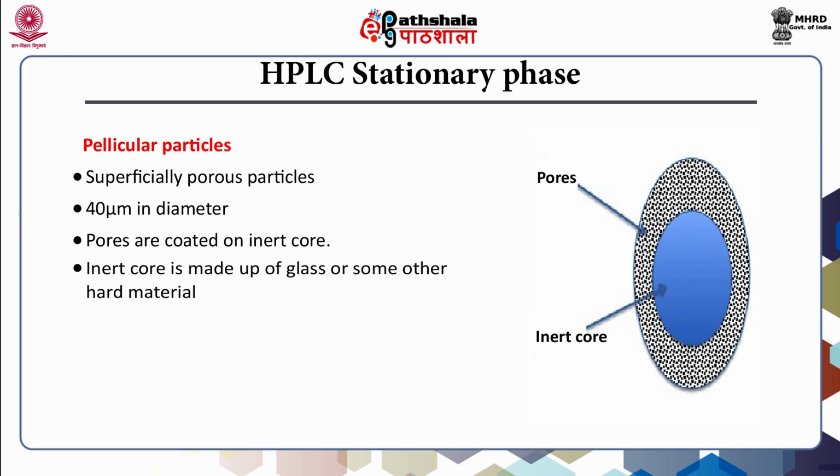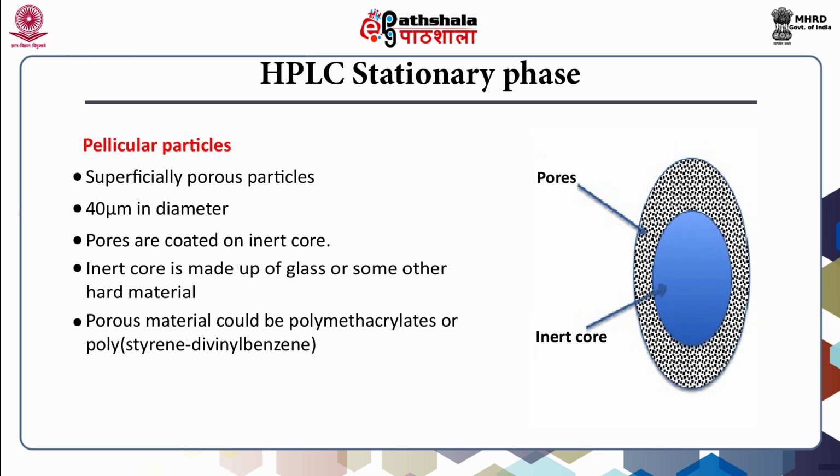The inert core is made up of glass or some other hard material, but the porous material could be made up of polymethacrylates or polystyrene divinyl benzene. So, these are the materials by which the porous material is made, which is on the rigid hard inert material.